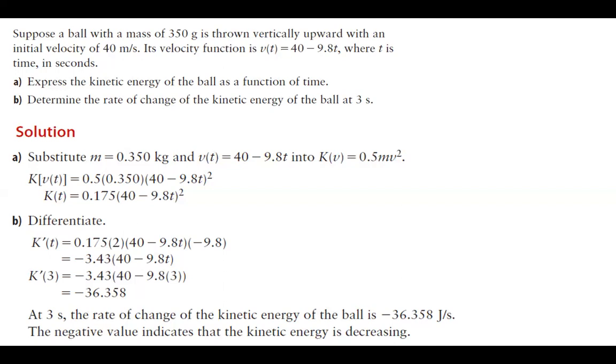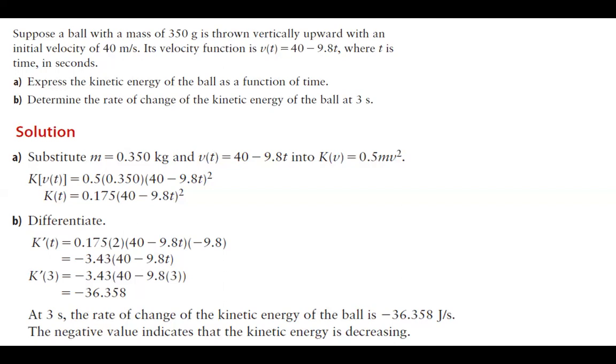So be careful here. If you differentiate K(t), we need to use the chain rule here, okay? So next we can find the instantaneous rate of change of the kinetic energy at t equals 3. So just insert t equals 3 into the derivative of K.